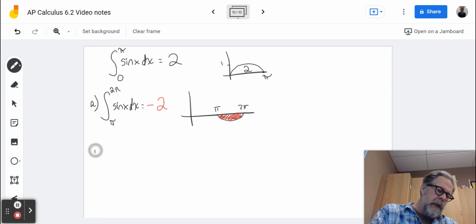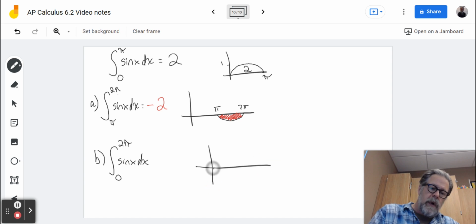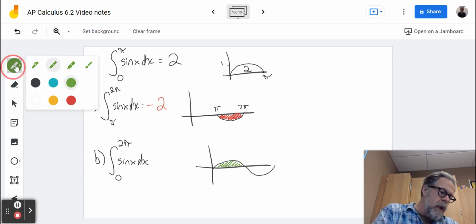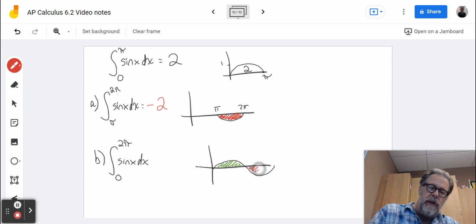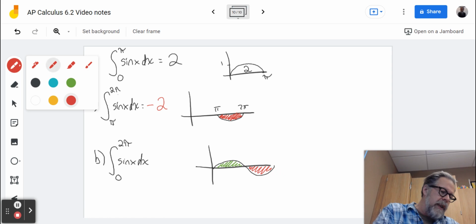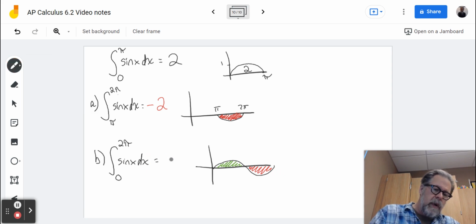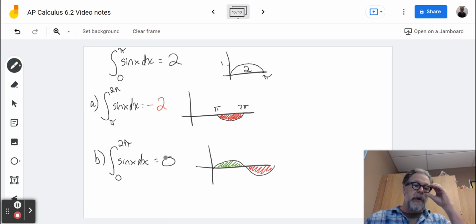All right, let's combine them. Let's go from 0 to 2 pi of sine of x dx. Again, we know that this is 2, we know that this is negative 2, and therefore the integral of the combination must be 0.